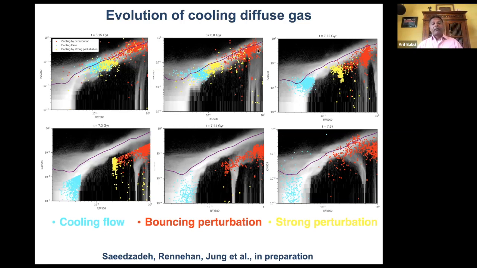These are the existing CGM, or the medium that's present around these galaxies, that's being perturbed by the satellites.